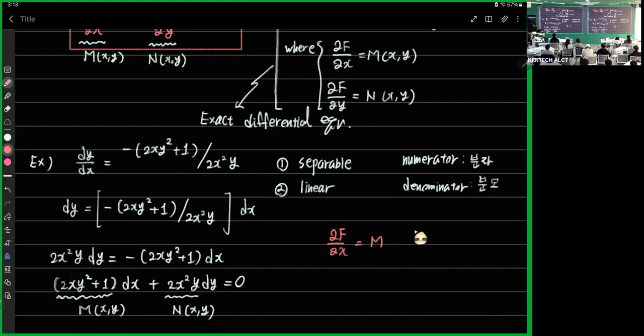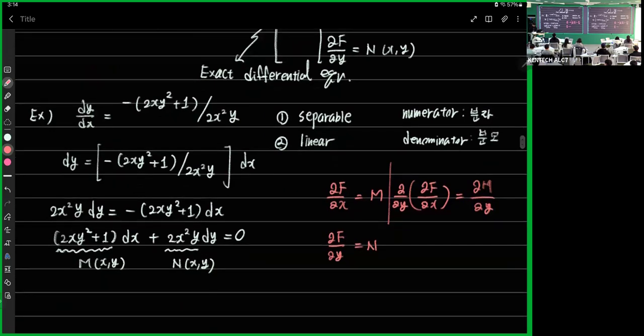When you take the partial derivative with respect to y on both sides, we get partial M over partial y. And partial f over partial y is equal to N. Taking the partial derivative with respect to x on both sides, we get partial N over partial x.